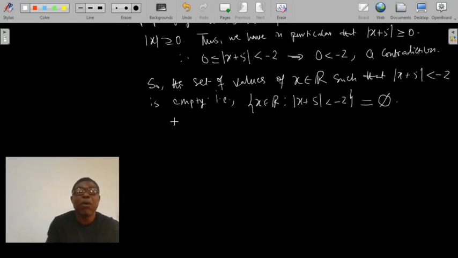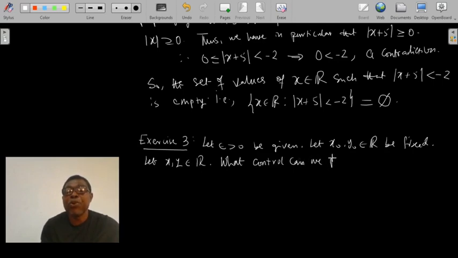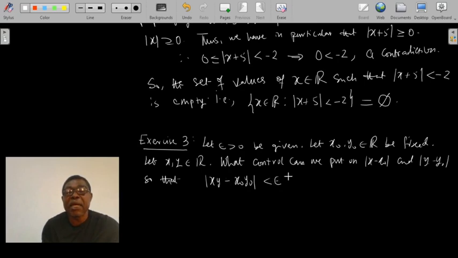Now, we proceed to yet another exercise. Question now is, what can we put on absolute value of x minus x naught and the absolute value of y minus y naught, so that absolute value of xy minus x naught y naught will be less than epsilon.